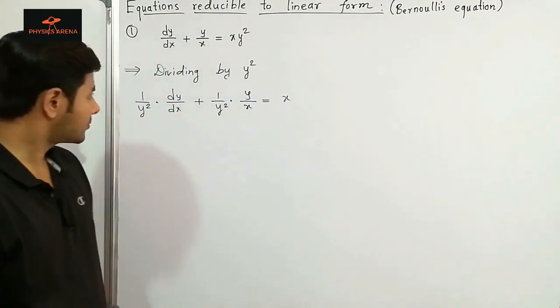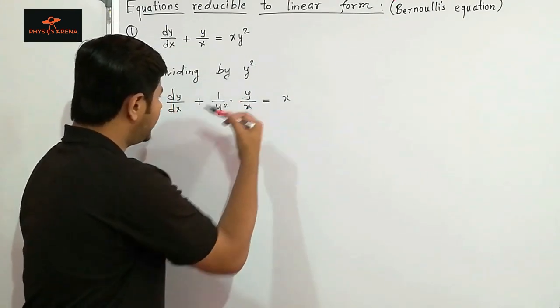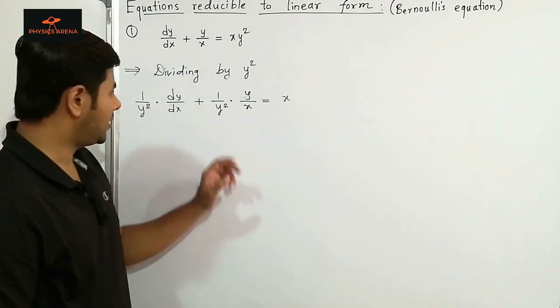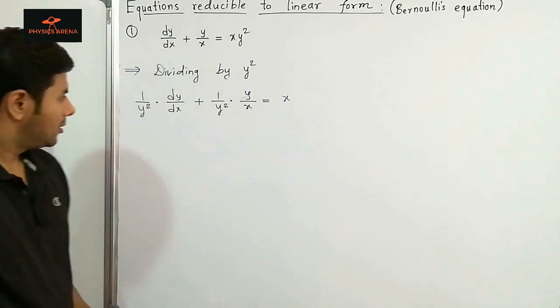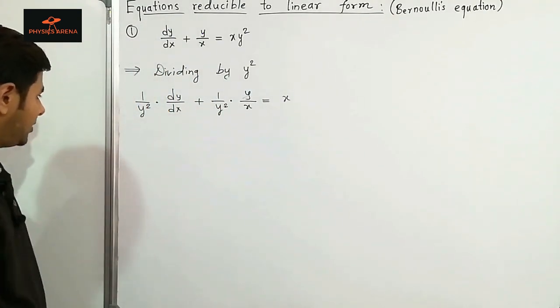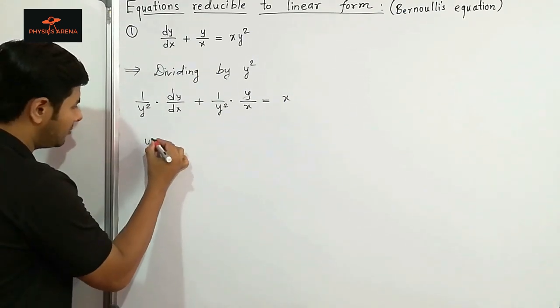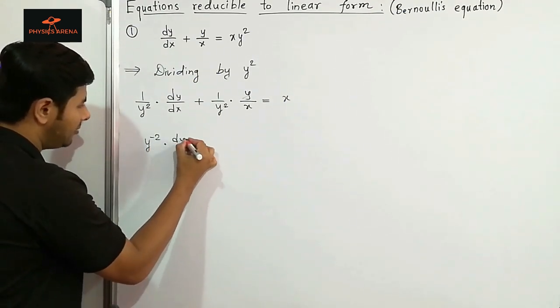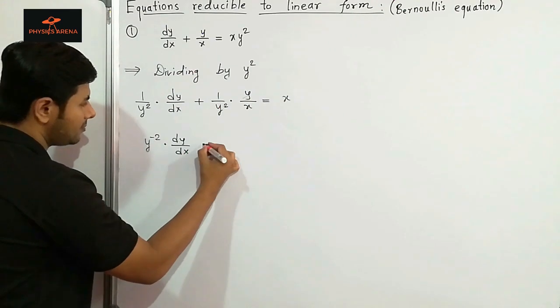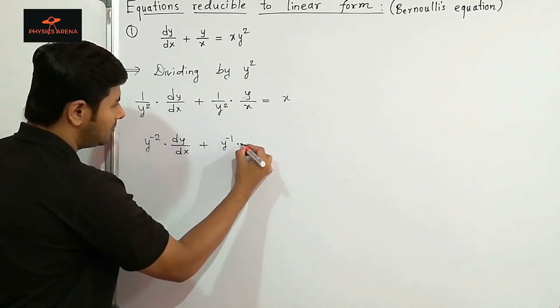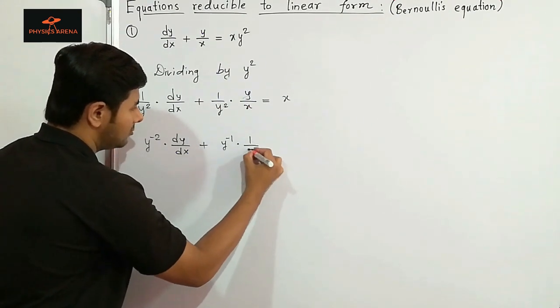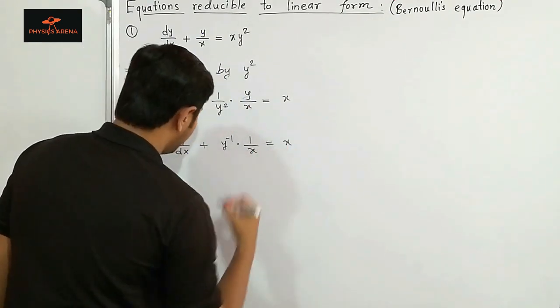Now this y gets cancelled out with the square, that means we have this y in the denominator. Then we can rewrite this equation as y raised to minus 2 multiplied by dy by dx plus this term is y raised to minus 1 multiplied by 1 over x equals x.